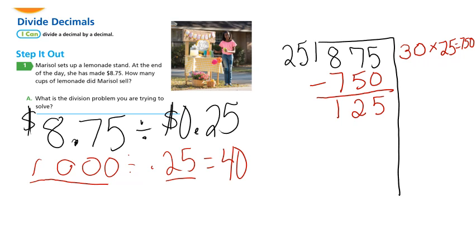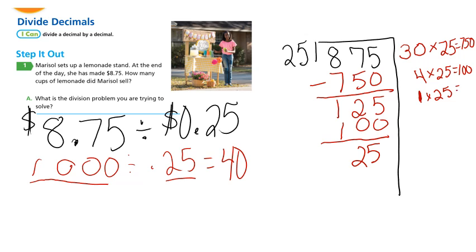Okay, now I'm going to think about the biggest number that I can multiply by 25 that will get me close to 125. Well, I know that 4 times 25 equals 100. So that's pretty easy. 4 times 25 is 100, and I'm left with 25 left over, and I know that 1 times 25 is 25.